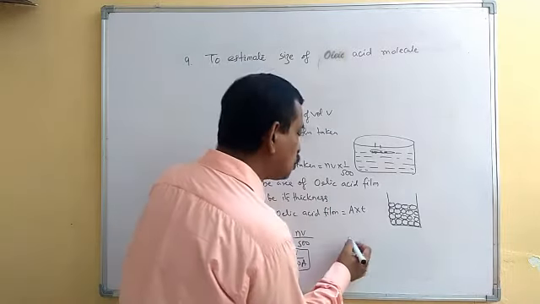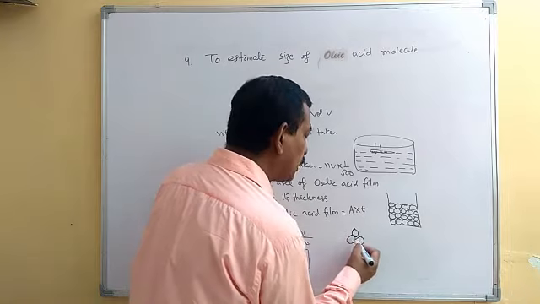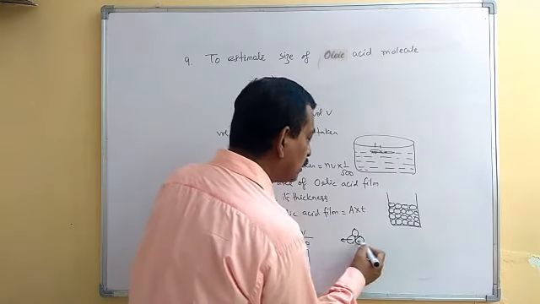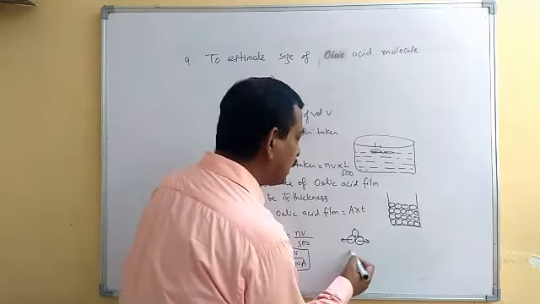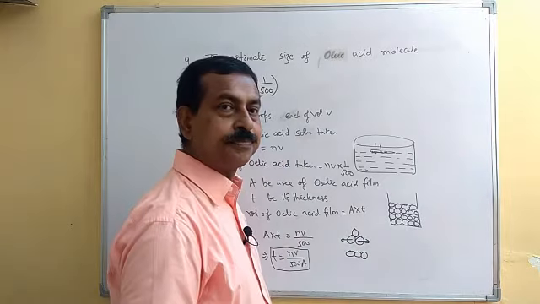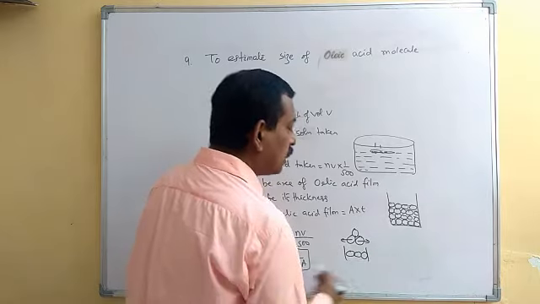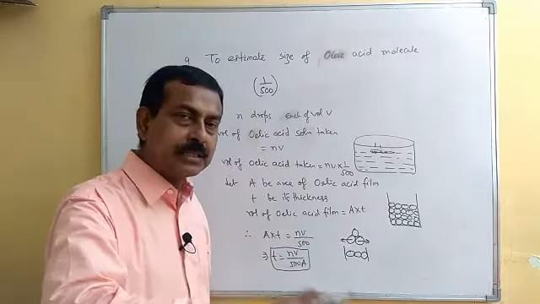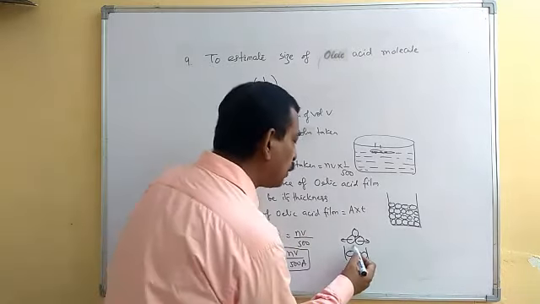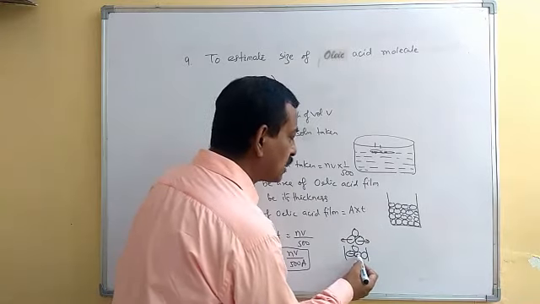Because when you have, suppose, 2 marble balls and you are putting a third one, it will displace these 2 and take a position in between. But if they have occupied the entire surface area, and now you put any marble ball, it cannot displace these 2.